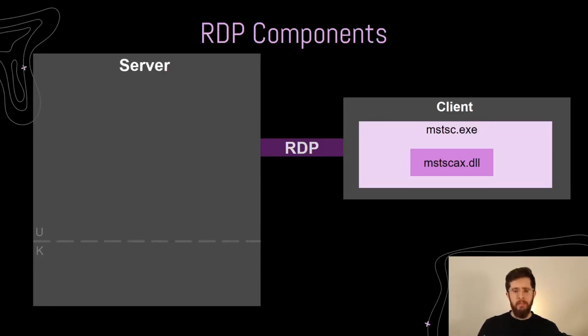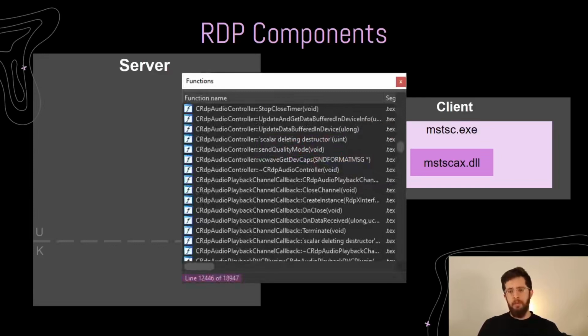And of course, as you can imagine, this makes it a huge binary with almost 19,000 functions. And from the screenshot, you can see that at least we are lucky enough to have public symbols for most of those functions. So at least we have that.